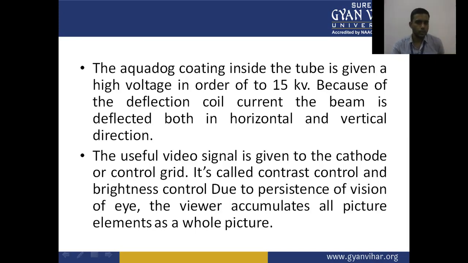So in the picture tube, we have two types of control. This control is applied at the control grid or at the cathode, that is contrast control and brightness control. Due to the persistence of vision of the eye, the viewer accumulates all the picture elements as a whole picture.